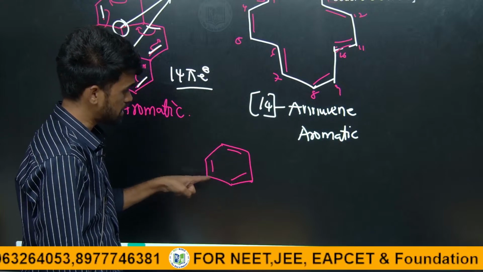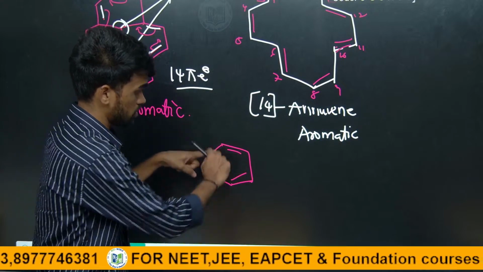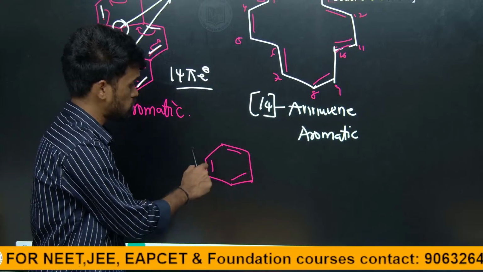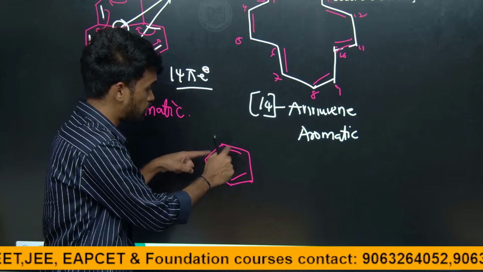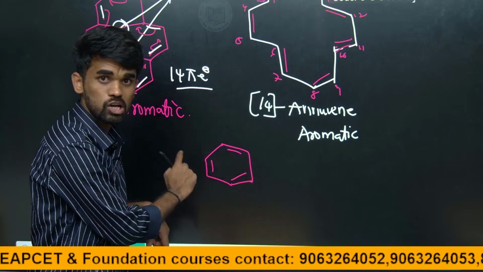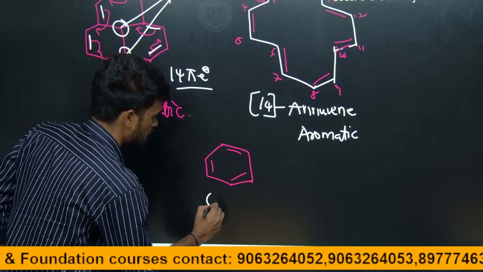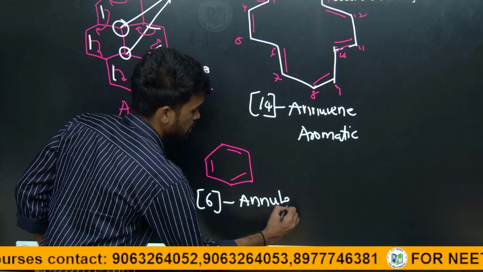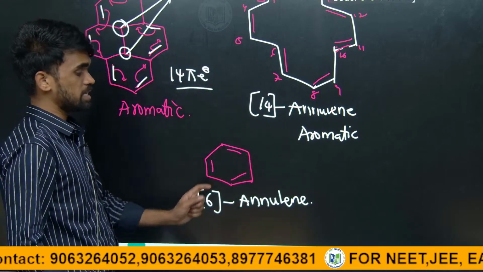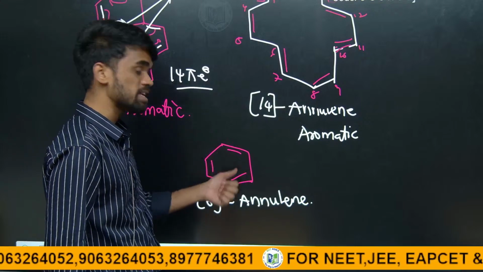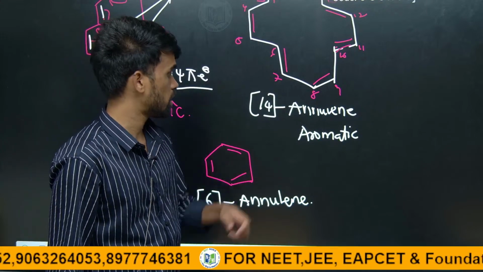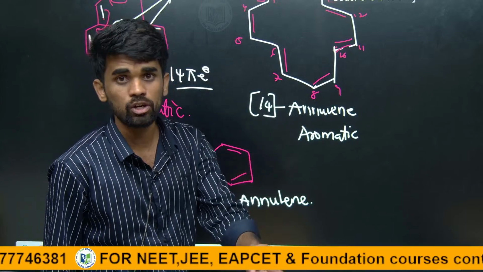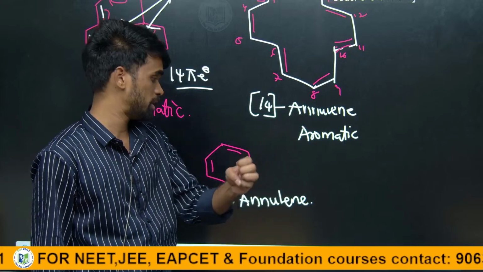It is a monocyclic conjugated polyene, only a single ring with multiple pi bonds in conjugation. So benzene can be written as 6 annulene. Is 6 annulene aromatic? Yes, it is aromatic. I want to ask you in the comment box: are 8 annulene, 12 annulene and 18 annulene aromatic or not? Just tell me in the comment box.